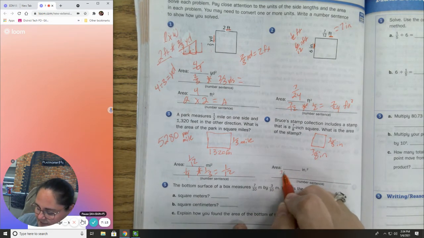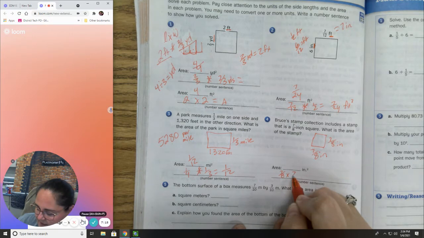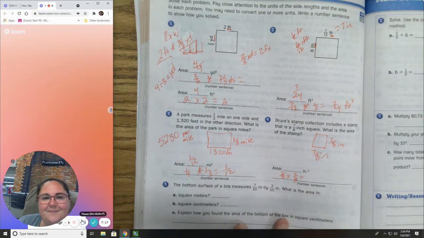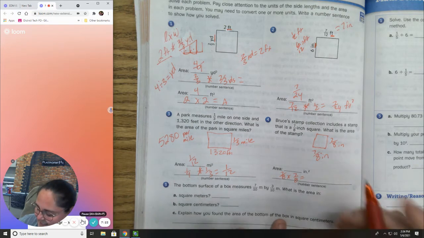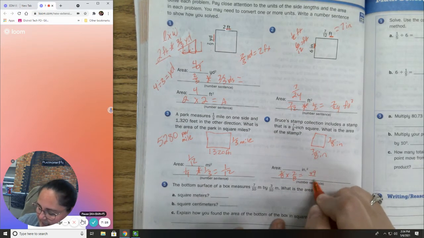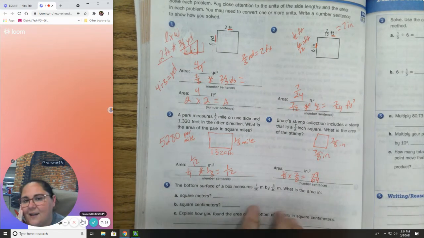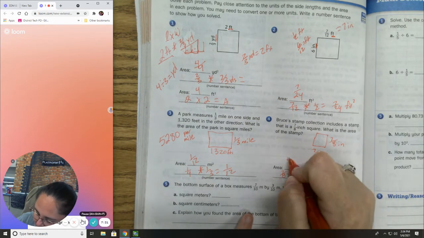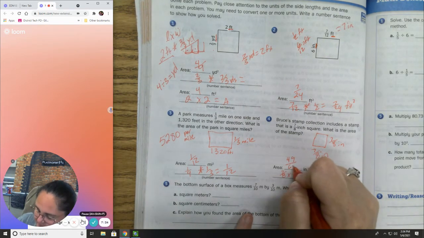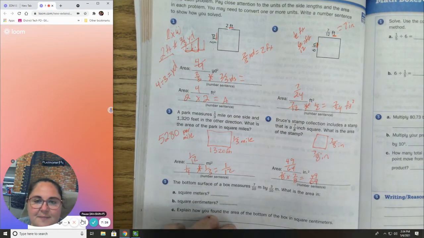So 7/8 times 7/8. 7 times 7 is 49. 8 times 8 is 64. 49 over 64, 49 64ths of an inch squared.